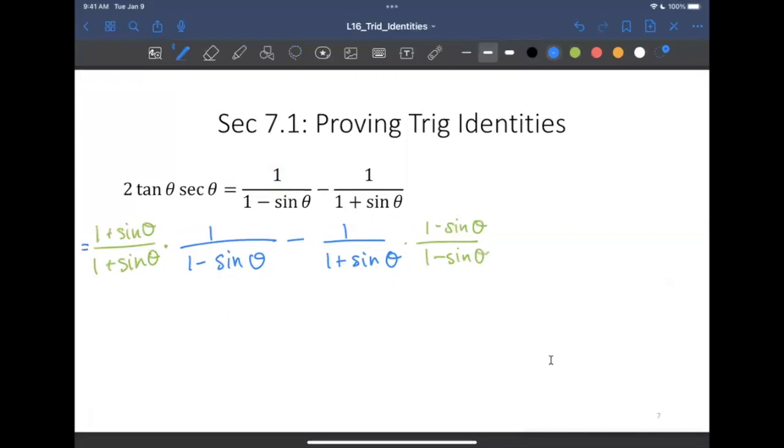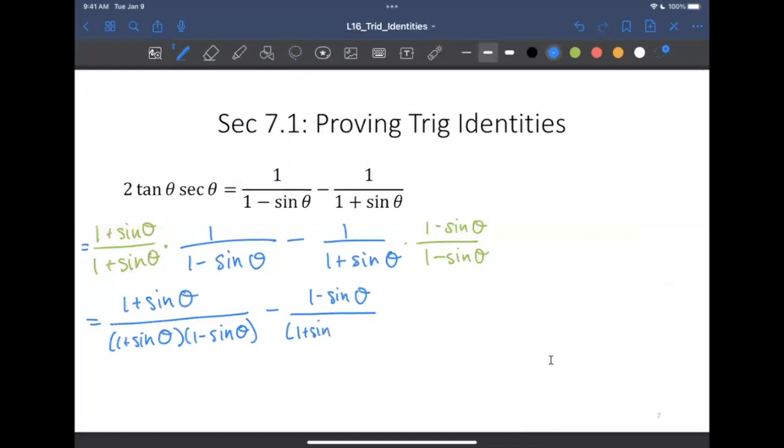That gives me 1 plus sine theta over 1 plus sine theta times 1 minus sine theta, minus 1 minus sine theta over 1 plus sine theta times 1 minus sine theta.